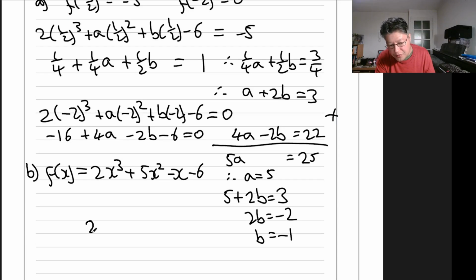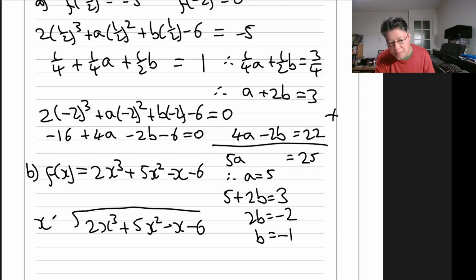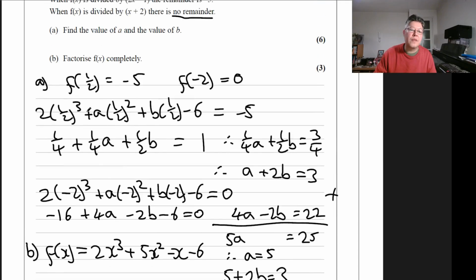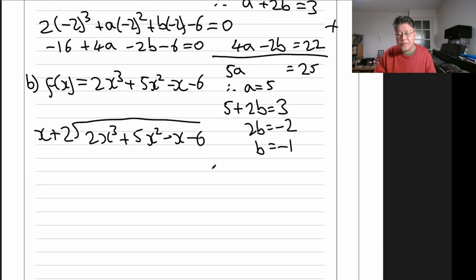So this will be polynomial division. So 2x cubed plus 5x squared minus x minus 6, and let's divide that by x plus 2. Using polynomial division, how many x's fit into 2x cubed? That fits in 2x squared times, and we can get this by simply doing 2x cubed divided by x, which is 2x squared, and then we multiply 2x squared by both of them.